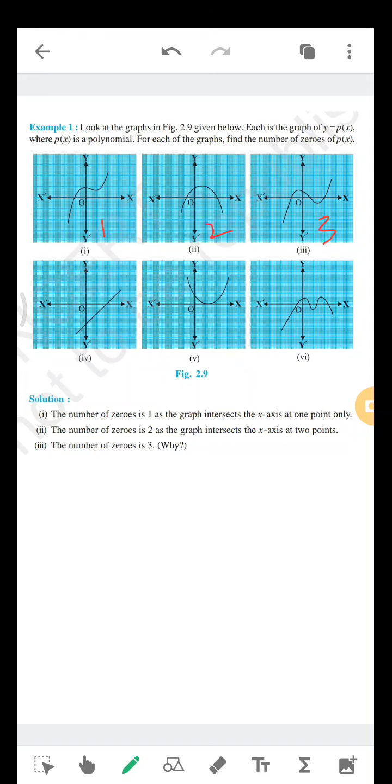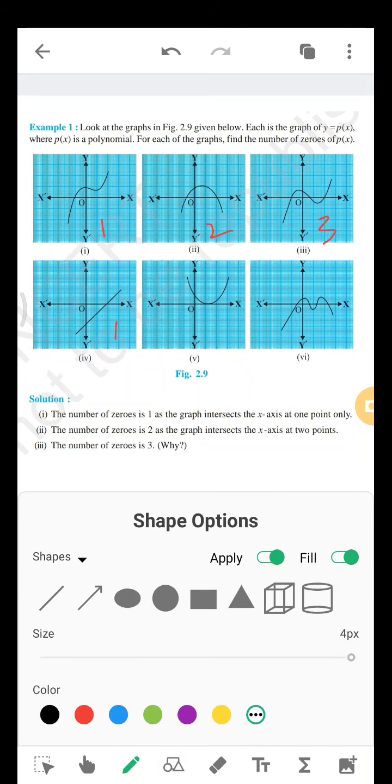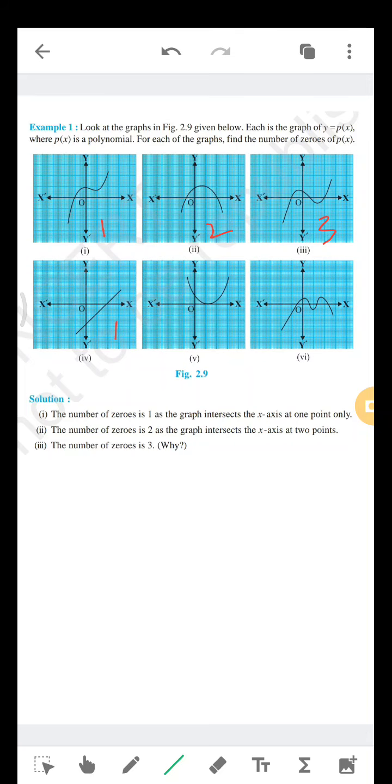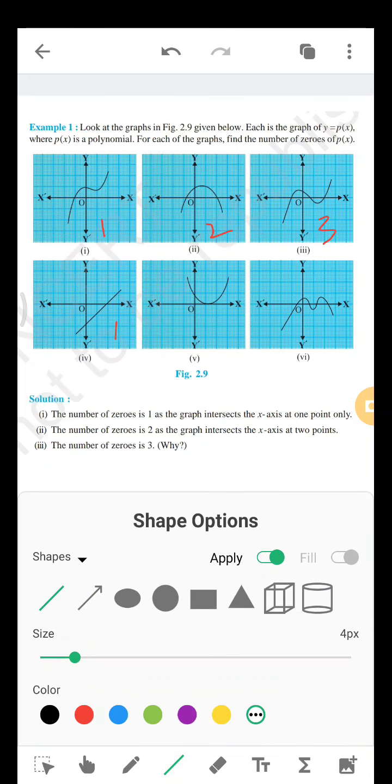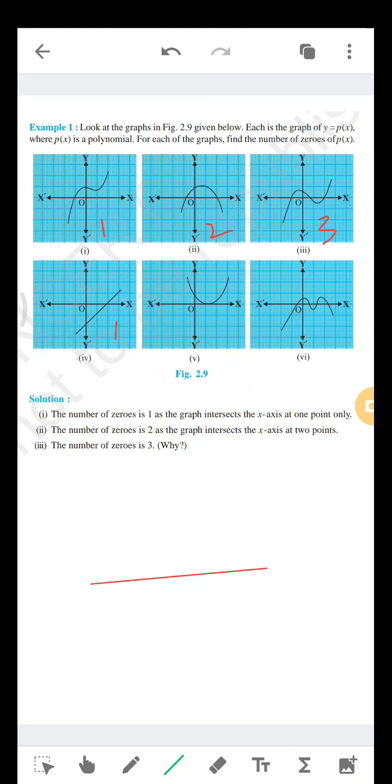And we can say that this is drawn for a cubic polynomial. And this here, it is meeting the x-axis at how many points? Only at 1 point, right? So it has 1 zero. So you should just see at how many points the curve is meeting the x-axis. That's all. This is very simple. This can be asked for 1 mark.